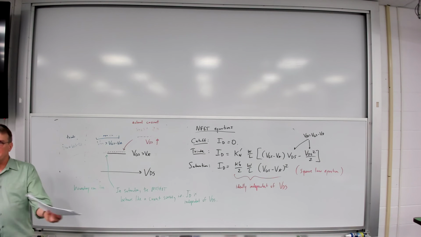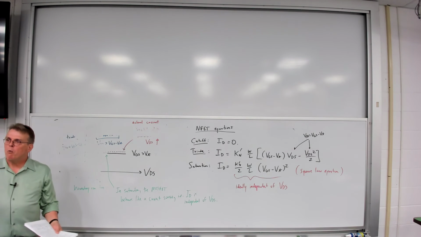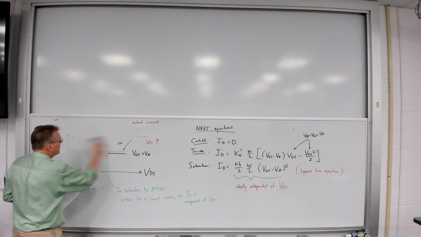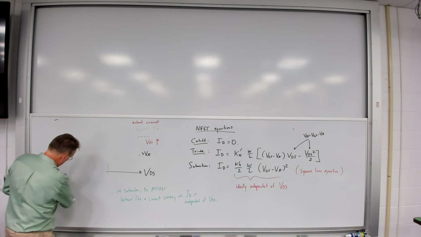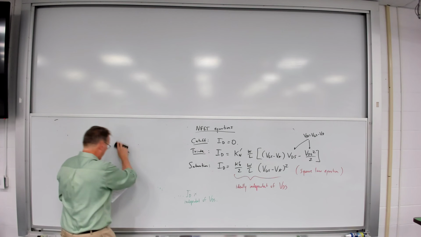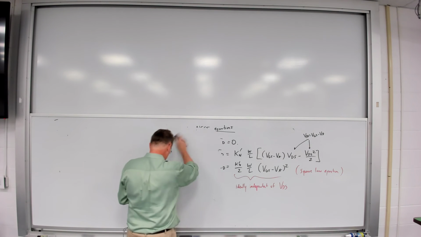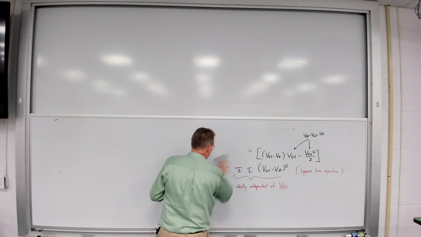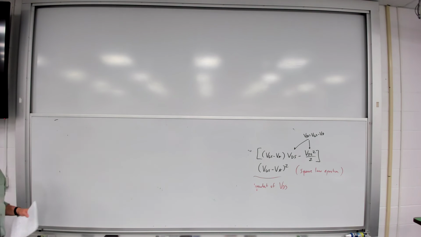It's actually going to have resistance associated with it. So how do we quantify that? Let's consider channel conductance or resistance when we're in the triode region.